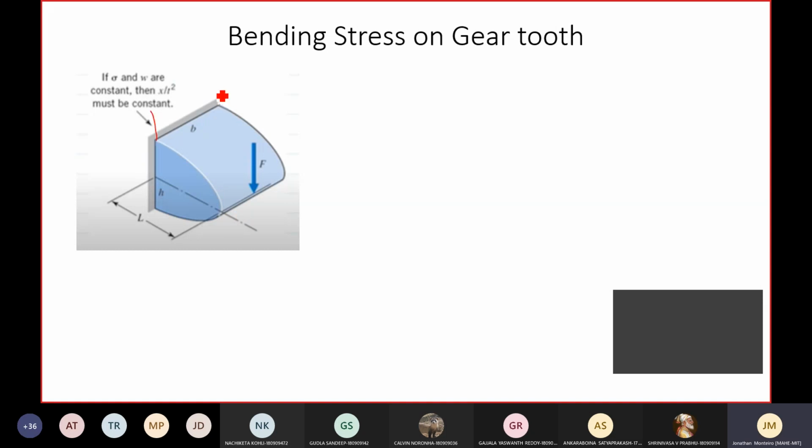The reason being, suppose this is a gear tooth. You can keep the face width constant. This is the face width, right? You can keep the face width constant. That means the load will be on a line, and that line will remain constant. We have a line contact. So from start to the end, you have the same line contact. Correct?